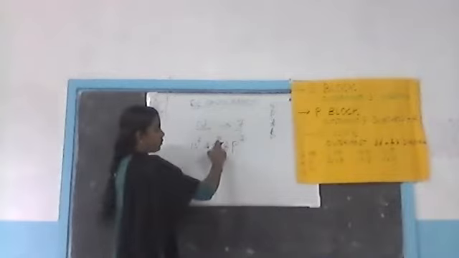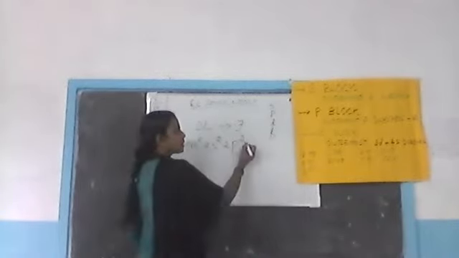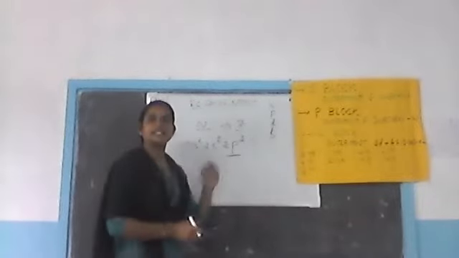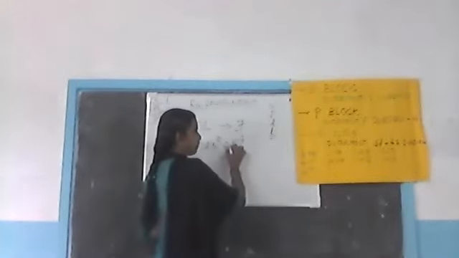So 3 plus 2, 5, 5 plus 2, 7. Here, in which of these subshells is the last electron added? Here the last electron is added in the P subshell. So that subshell is known as the block. So nitrogen belongs to which block? P block element. So nitrogen belongs to the P block.